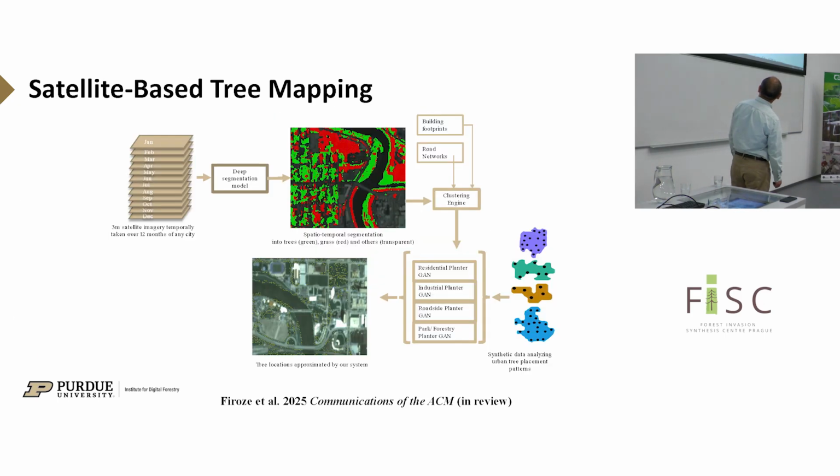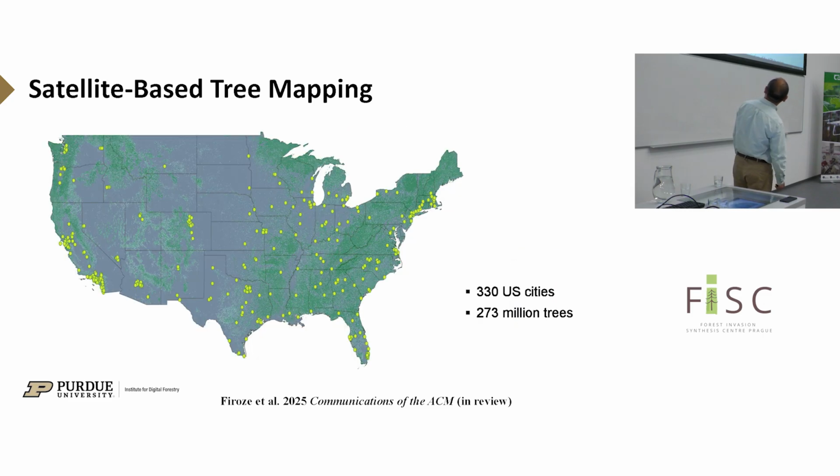But then again, in order to use this data, here's just an example. We have a stack of data every month, so we pick a picture because trees leaf on, leaf off, and change color, and so on and so forth. And you train an AI to recognize the different patterns, and then you can do tree mapping. So here's an example. Now we have done all the major cities across the US, 330 plus cities with population of 100,000 plus.